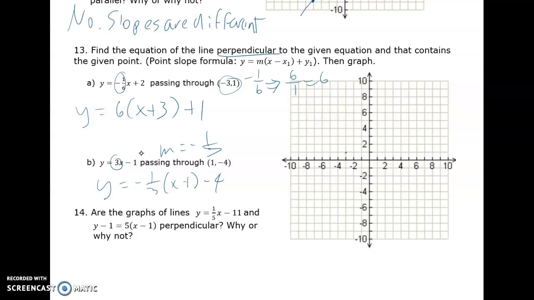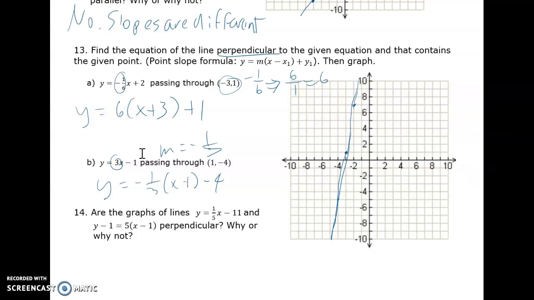So -3, 1, and I want to graph a slope that has 6. So 1, 2, 3, 4, 5, 6, 1. That's all I can get on that side. 1, 2, 3, 4, 5, 6, -1 on this side. So I've got a pretty steep line here, but that's what I come up with.